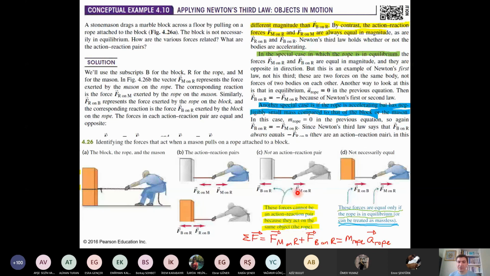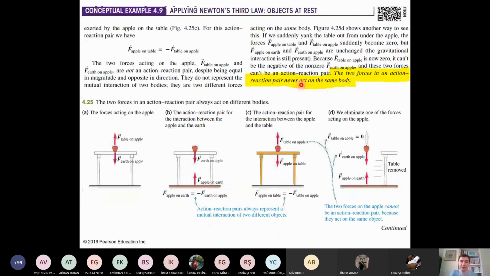So this force applied by the mason on the rope and this force applied by the block on the rope, both forces are applied on the rope. So two forces acting on the same object cannot be action-reaction pairs. I have shown you here that the two forces in an action-reaction pair never act on the same body.